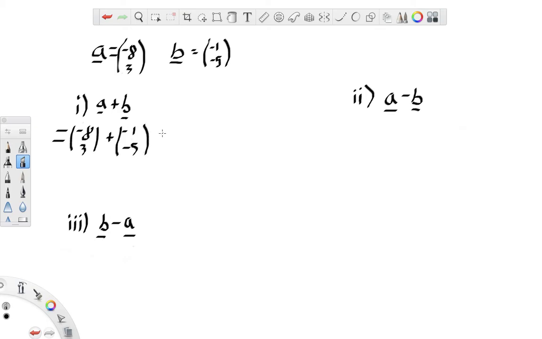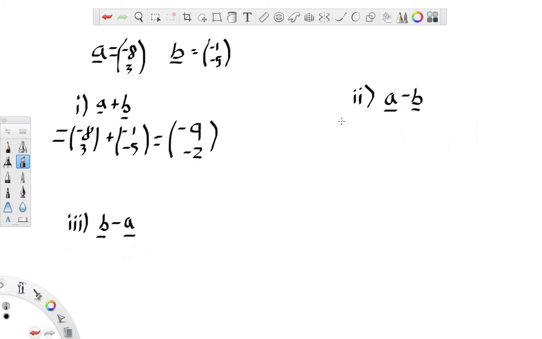Minus 8 plus minus 1, well, a plus and a minus is a minus, so minus 8 minus 1, which is minus 9. And we've got 3 plus minus 5, again, a plus and a minus is a minus, so it's 3 minus 5, which is minus 2. So A plus B here is the vector minus 9, minus 2.